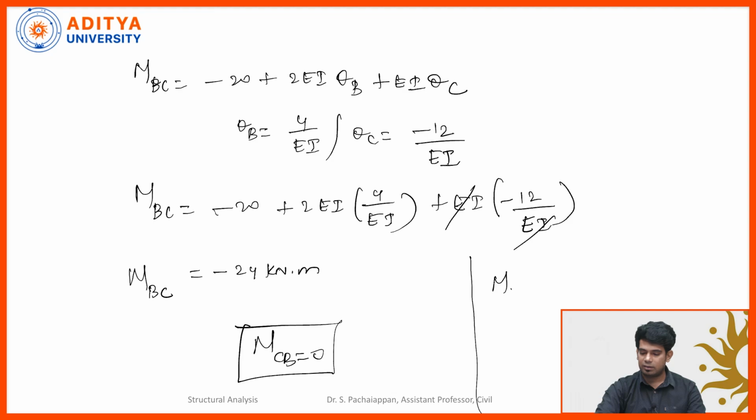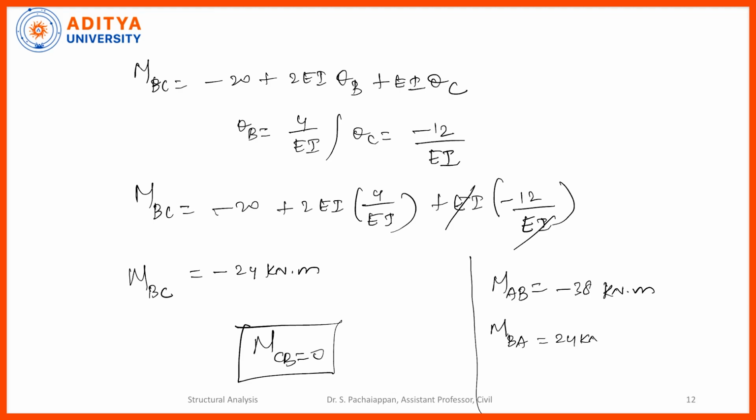We calculated MAB is minus of 38 kilonewton meter and MBA is 24 kilonewton meter and MBC is minus 24 kilonewton meter and MCB equal to 0. Okay. So here you see it's satisfying the equilibrium condition. MBA plus MBC is equal to 0.